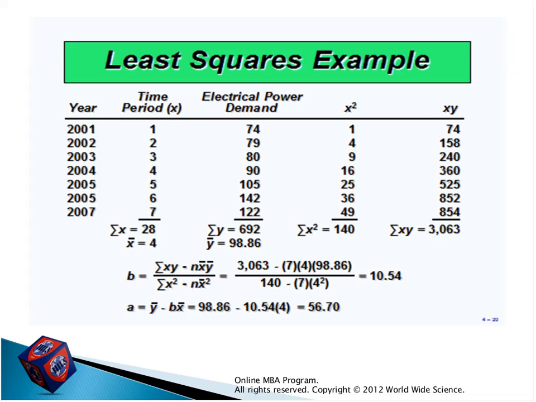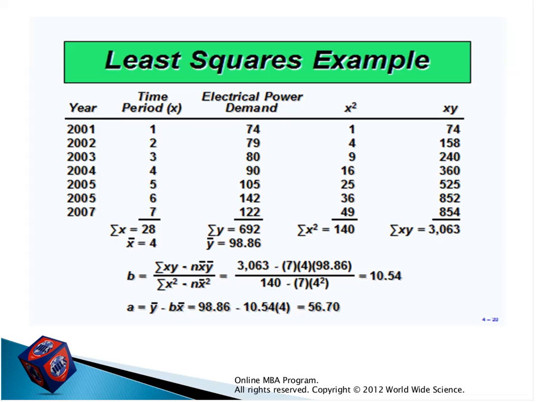Okay, now we have calculated everything that is needed to use in the formula for B. B equals sigma xy. We calculated sigma xy: 3063.